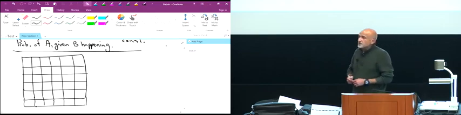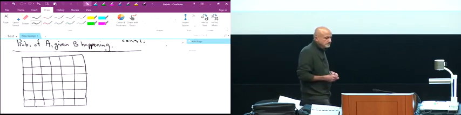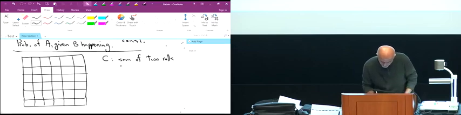Now I tell you that the sum of the 2 rolls is 7. So let's say event C: sum of 2 rolls, same dice, sum of 2 rolls is 7.